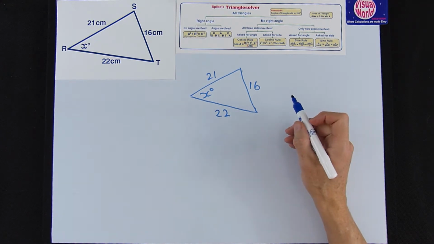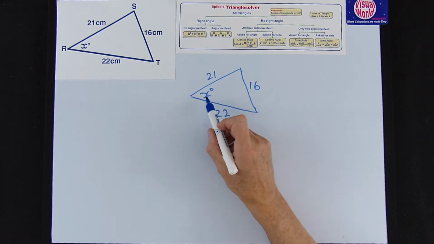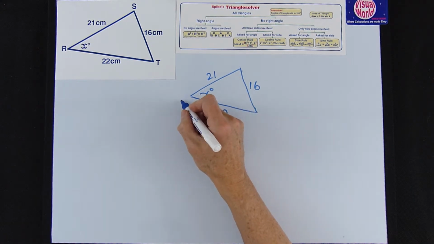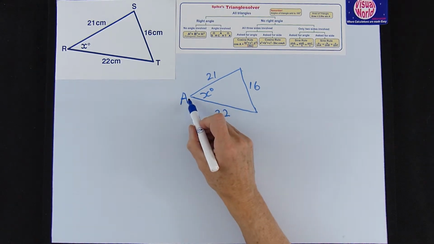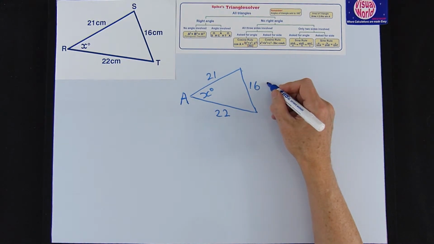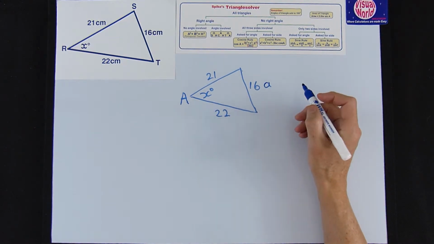What we do is we start and call the one we're looking for, and the corners are capital letters, so that will be a capital letter A. If that's a capital letter A, the side across from it is the small letter a, and that's the way we name them.